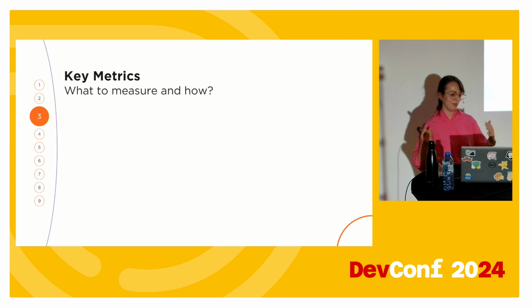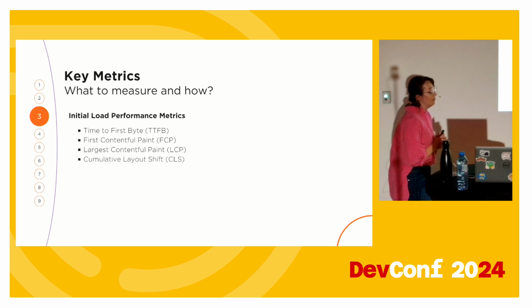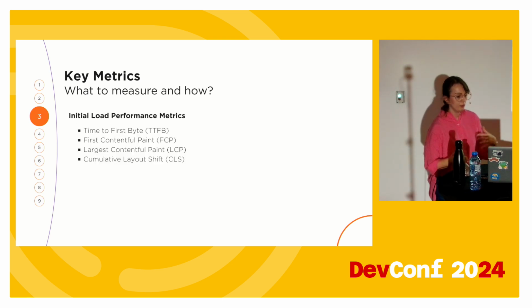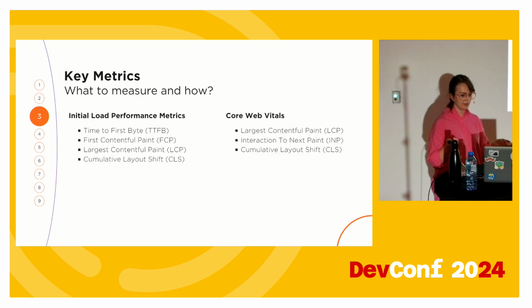Now we can check what we can do to optimize our website, how to measure it, and which tool we can use to know what's going on. First, we will focus on initial load performance metrics. Then I will say a few words about Core Web Vitals.